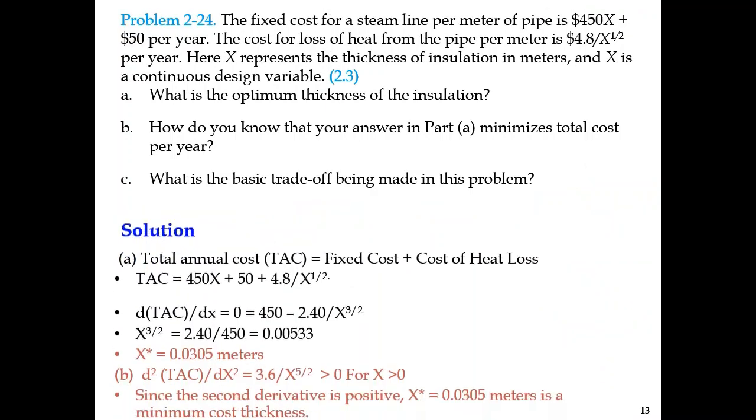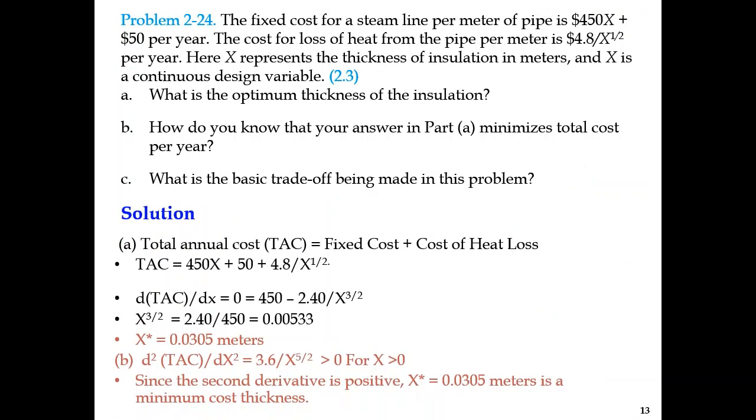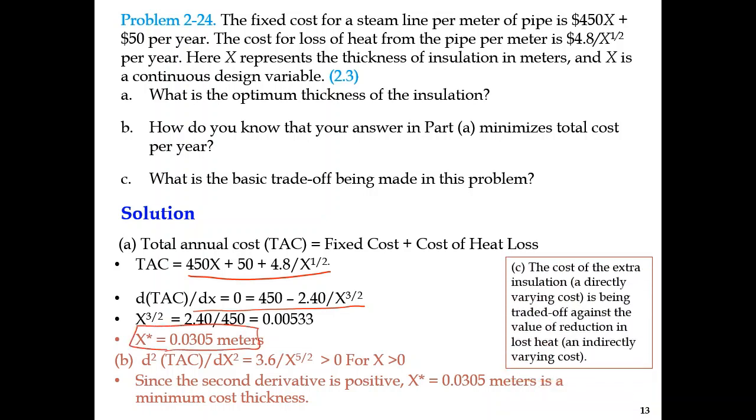Okay, so this slide just summarizes our solution as we did. The total cost is written in this way. Since it's a continuous function, we take the derivative with respect to x to find this one, and we find the thickness as this value as part A of the question.